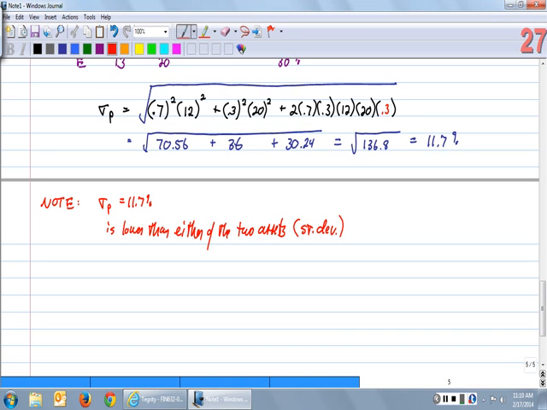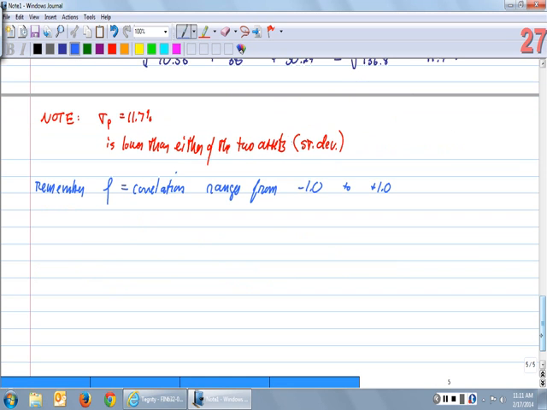Okay, now continuing along. Remember that correlation ranges from -1 all the way to +1. Also, let's look at our variance, and remember that variance equals sigma squared, and I'm going to write that formula.